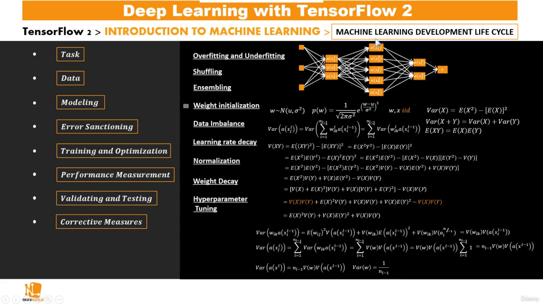Meaning that if we are trying to get the variance of the weights in this block right here, we'll simply use this formula, 1 divided by the number of neurons here. So in this case, it's going to be 1 divided by 3.